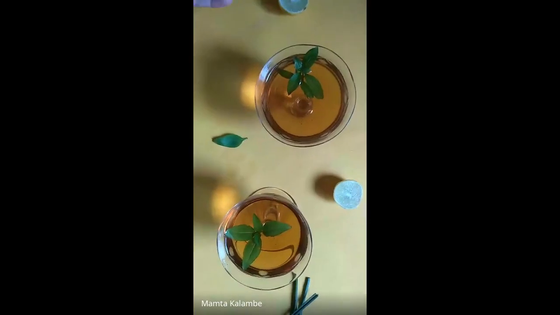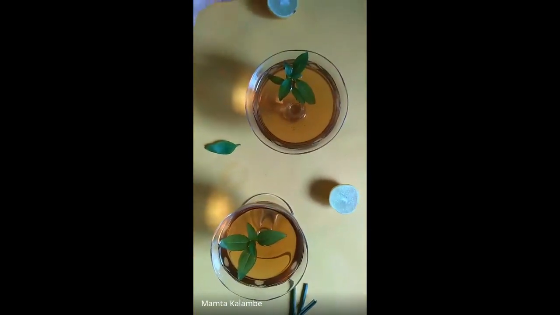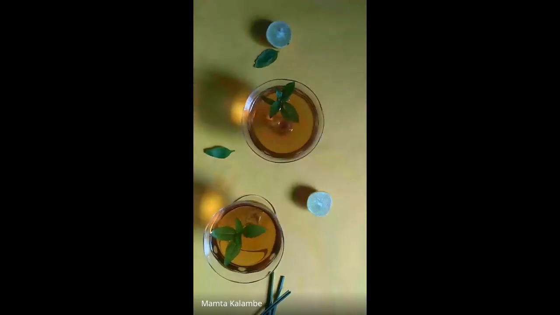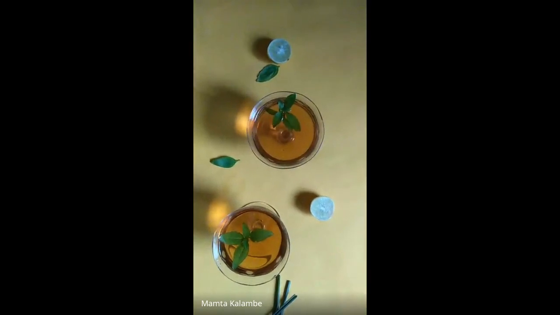And then I'm still going to add some fresh leaves here and there. When I'm adding, you have to make sure that you're not doing too much of it, right? Whenever we are clicking a food image, we have to make sure that the image looks well balanced.